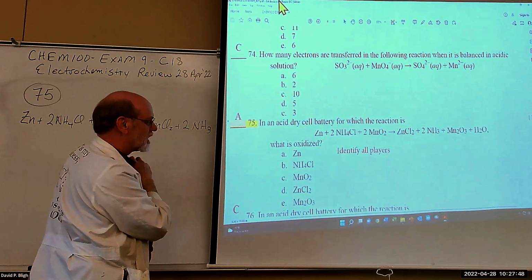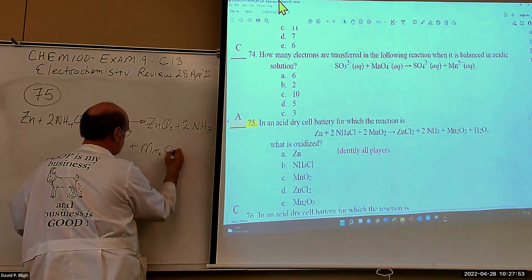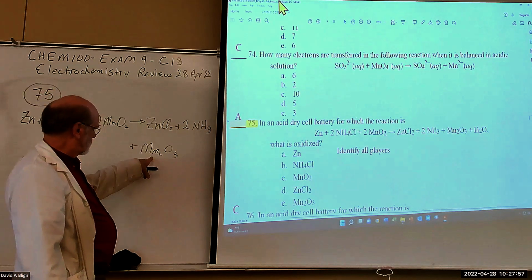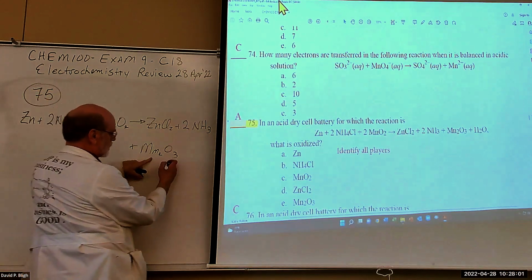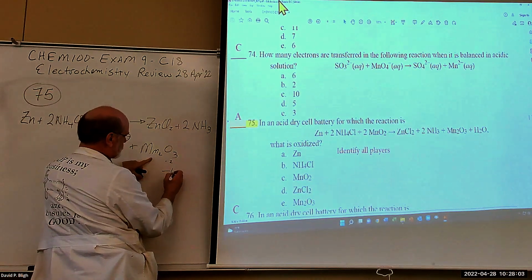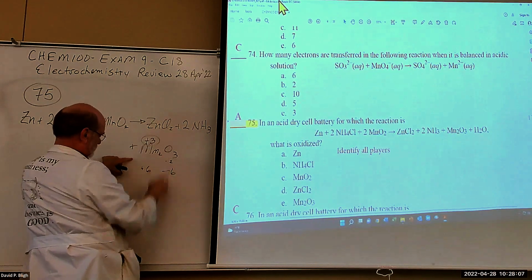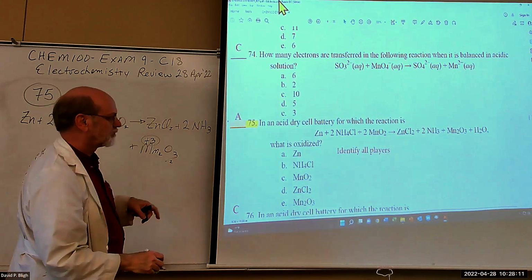So we have, what's the oxidation state for manganese? Well, if this is -2, this is -6, +6. This one's +3. And water.